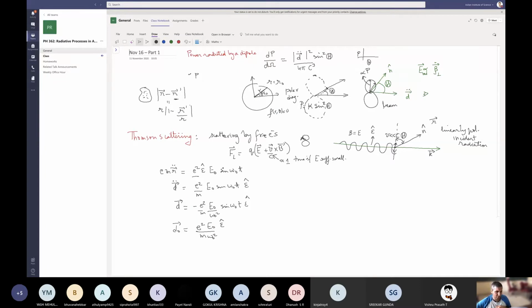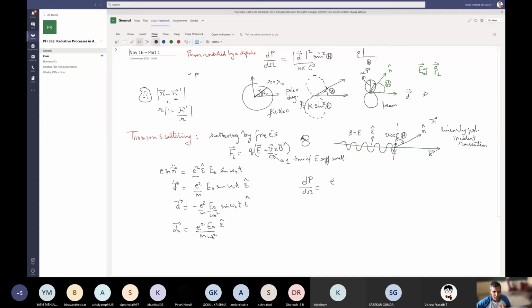And we now know the dipole formula. We know it's written here, right? So we know how much power is emitted along some direction theta. Let's just write that. So dP d omega is equal to, that's the formula, and this is my D, and this is my D double dot.